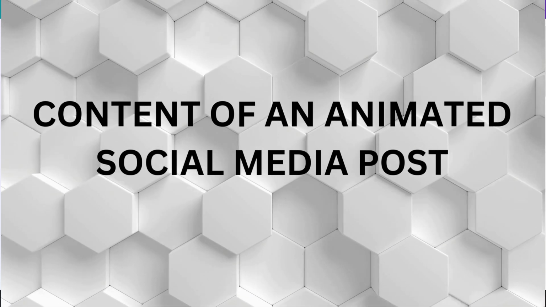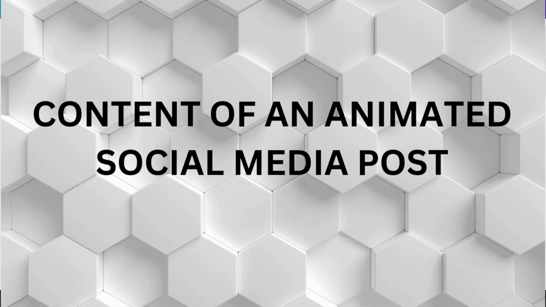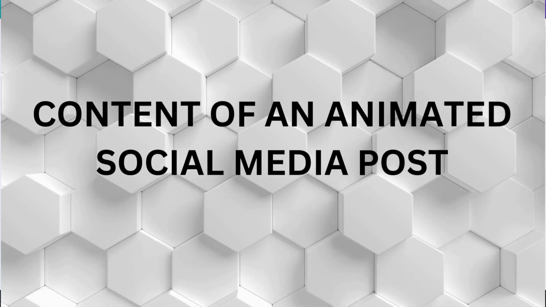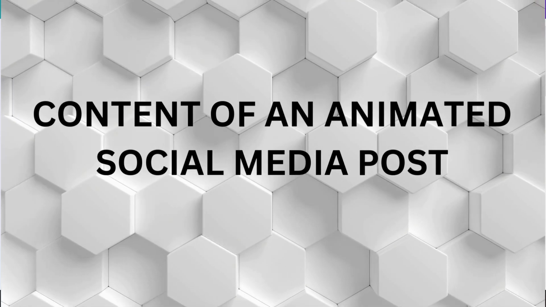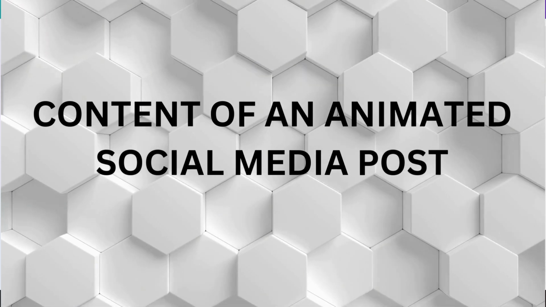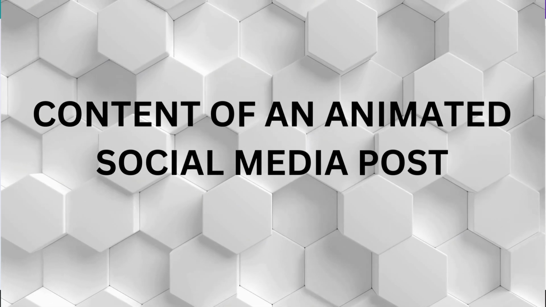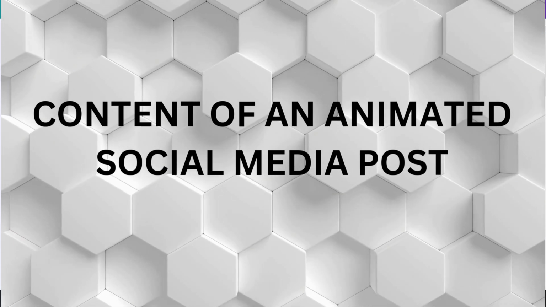Then you highlight the product, that is, you showcase the product. That's the second slide. The third slide, you also showcase the product in action, maybe. And the fourth slide, you can put probably family or your customers enjoying it, while the last slide includes a call to action.